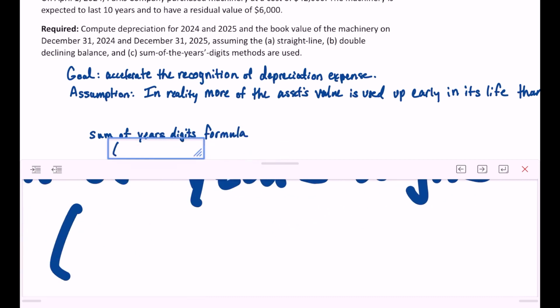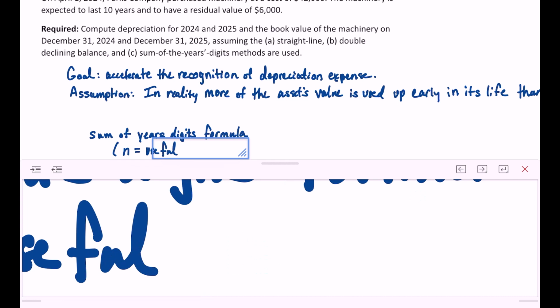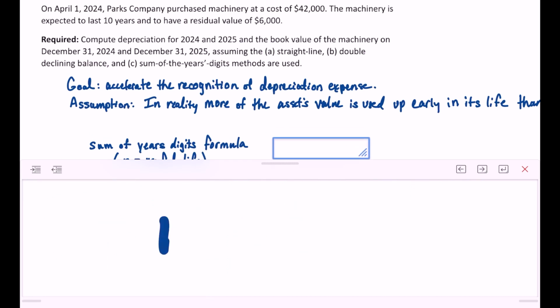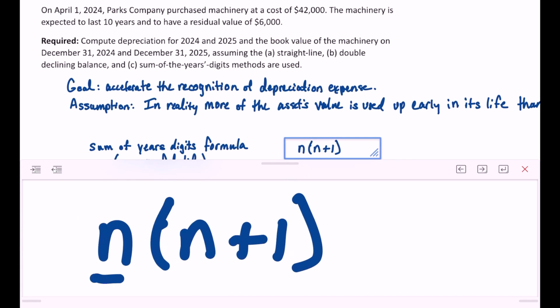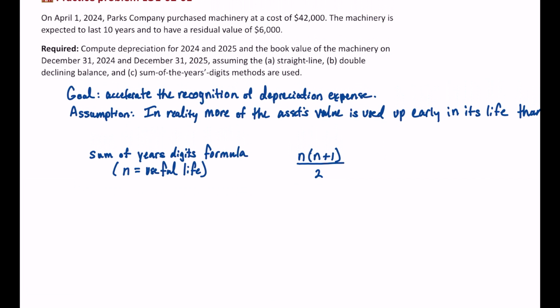We're going to say the variable n represents the useful life. So the formula is n times n plus 1 divided by 2. This will be our formula for sum of years digits.